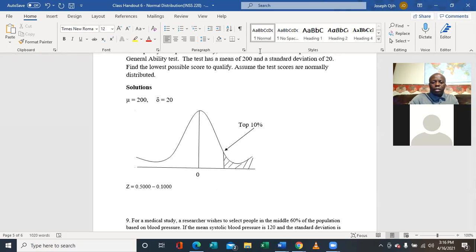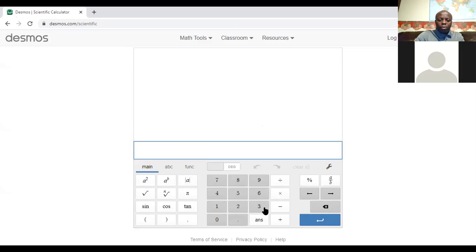Once we have this, we subtract it in the calculator. With the Desmos calculator, we have 0.5 minus 0.1. I clicked something by mistake.